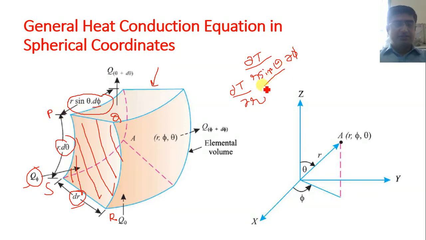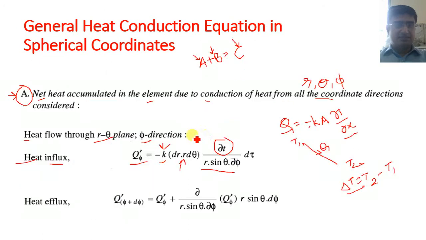That's why we have written r sin theta first and after that del phi. So here is r sin theta into del phi into some time interval d tau. We cannot use t as time because t is already used for temperature. So for the time difference we are using tau, or d tau, which is nothing but a time interval, say 5 seconds, 10 seconds and so on.